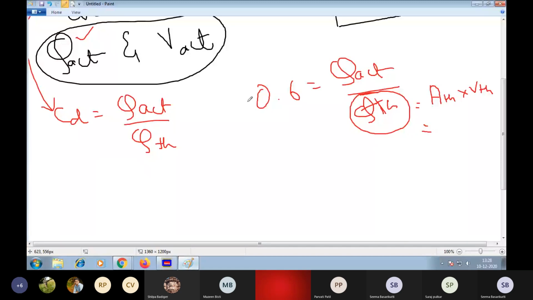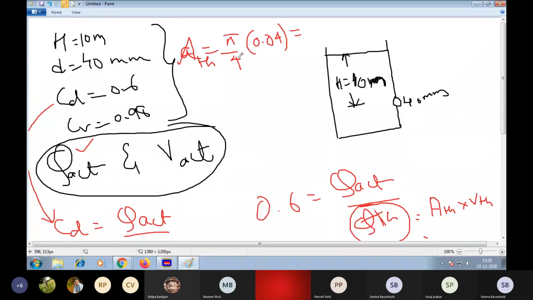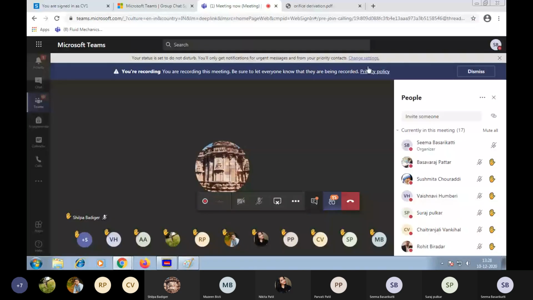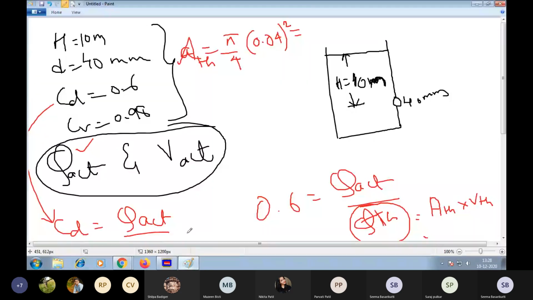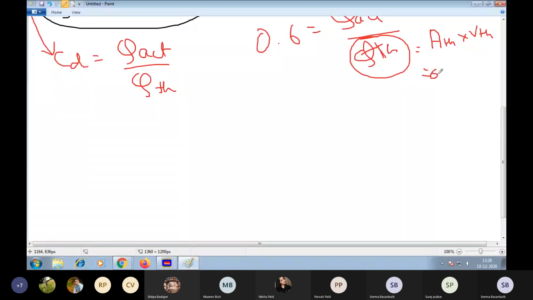Calculate and tell me the value of the area. Pi by 4 into 0.04 the whole square. The area you are going to get is 0.001256.